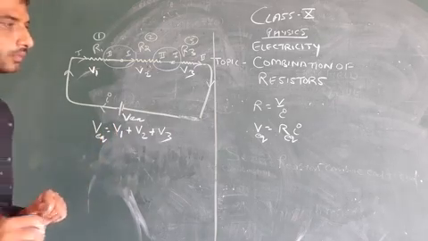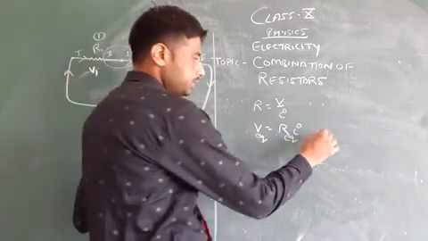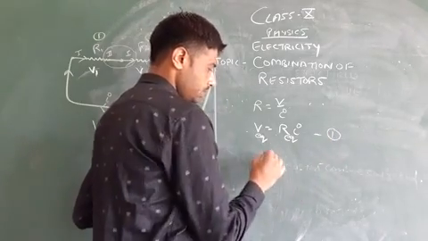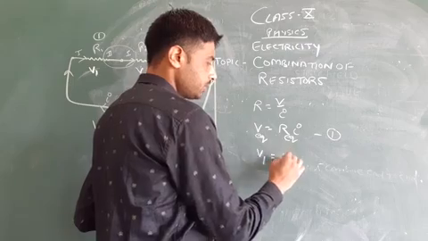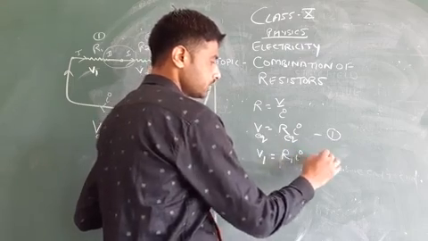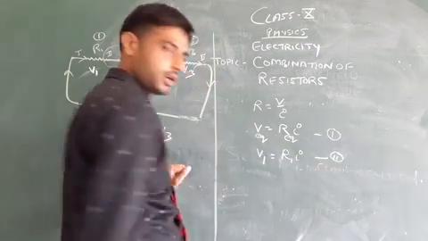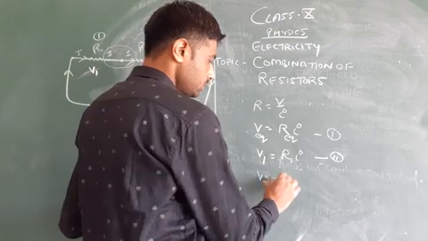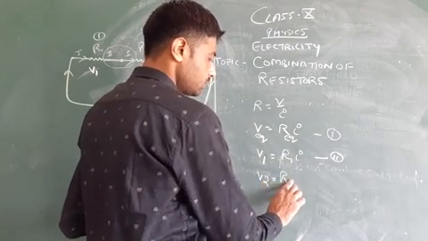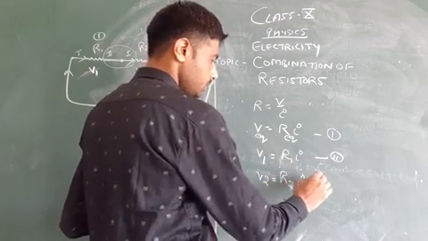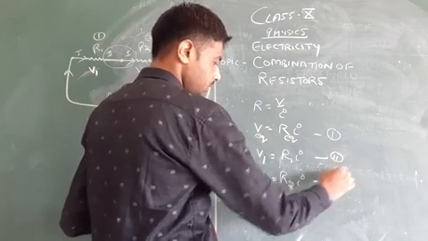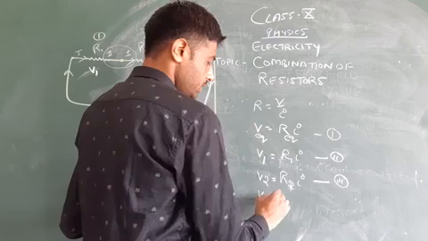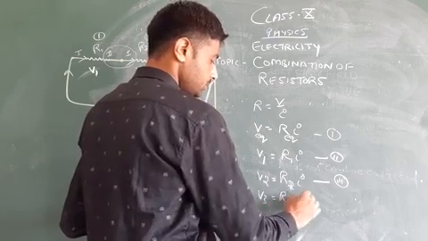Okay? So this is equation first, and V1 equal to R1I. Current will be the same, and V2 equal to R2I, and V3 equal to R3I.